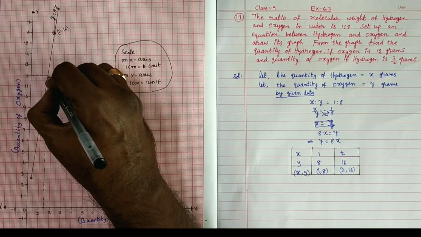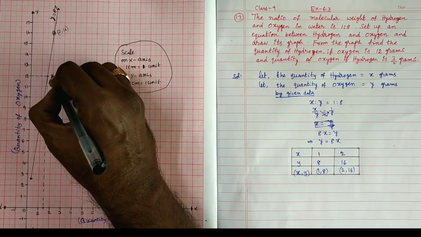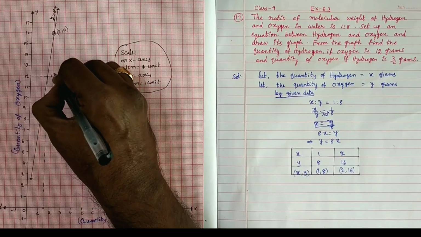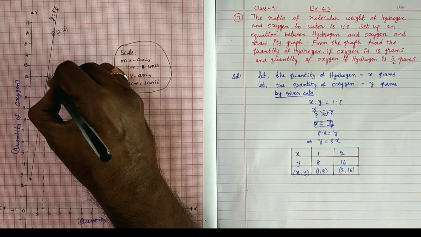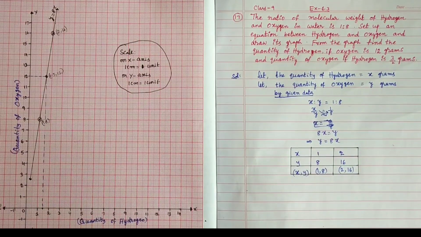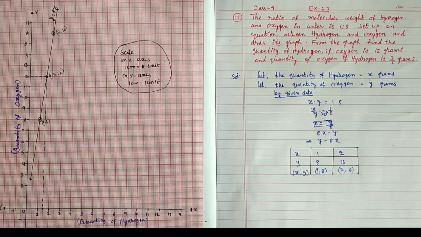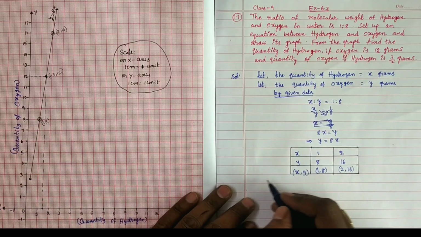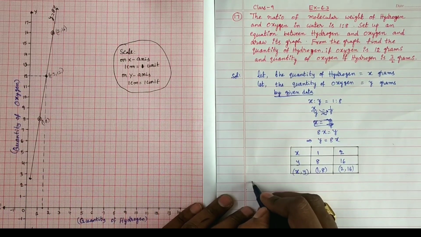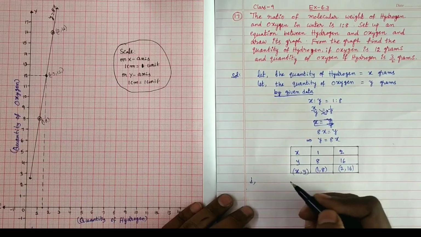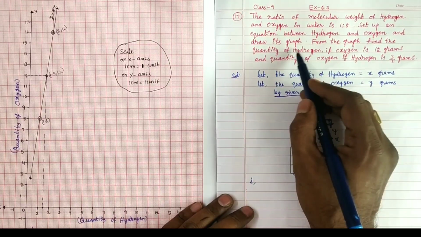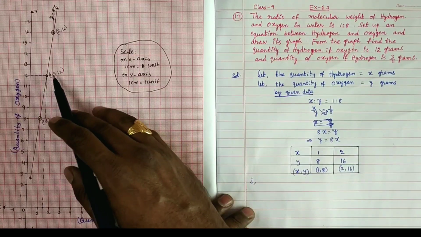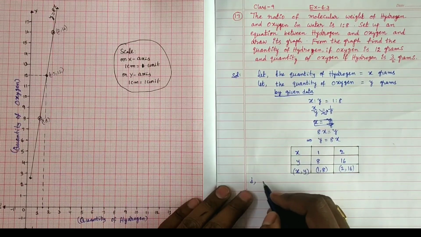So this point indicates (1.5, 12). So the first answer is: when the oxygen quantity is 12 grams, then the hydrogen quantity will be 1.5 grams, that is equal to 3 by 2 grams.